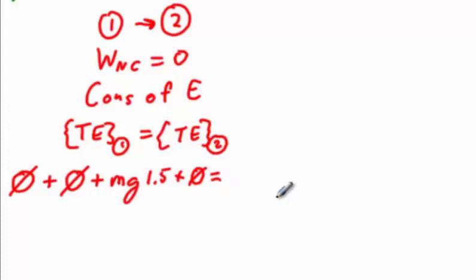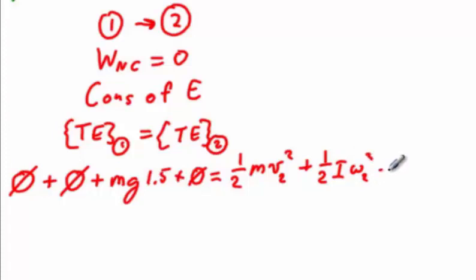At moment 2, we ask ourselves the same questions. Do we have translational kinetic energy? Yes, we do. 1/2 the mass times the velocity at moment 2 squared. At moment 2, do we have rotational kinetic energy? Yes, we do. 1/2 moment of inertia times the omega at moment 2 squared.